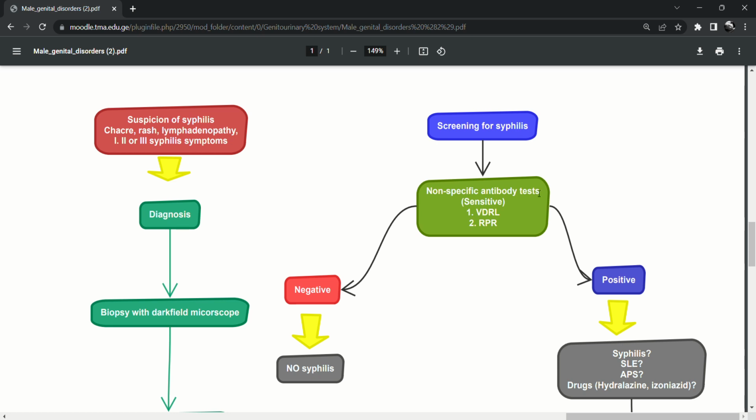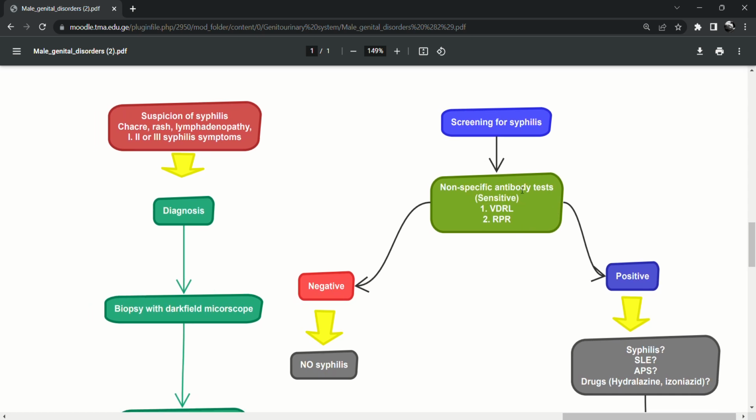Non-specific antibodies are against cardiolipin antibody. Those are the venereal disease research laboratory test and rapid plasma reagin. Those two are non-specific antibody tests. If a non-specific antibody test is negative, we're 100% sure that there's no syphilis, right?